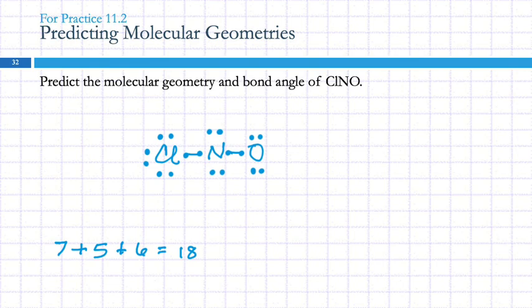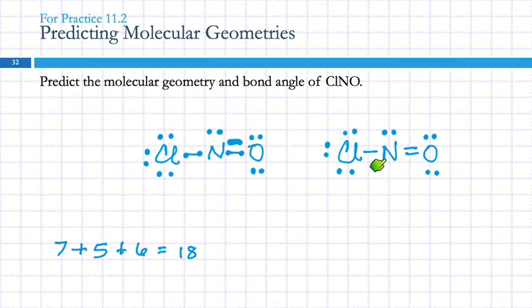We don't have enough to give oxygen an octet. So we're going to take a pair from the nitrogen and shift it in here and make it a bonding pair. So we've got a double bond with the oxygen, a lone pair on the nitrogen, and lone pairs on the chlorine and on the oxygen, but those don't matter for figuring out the shape.